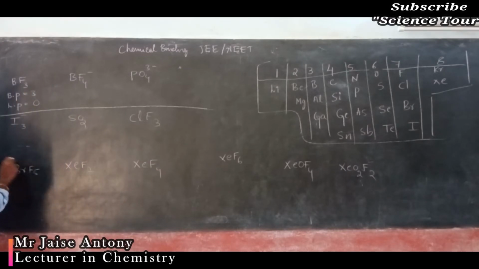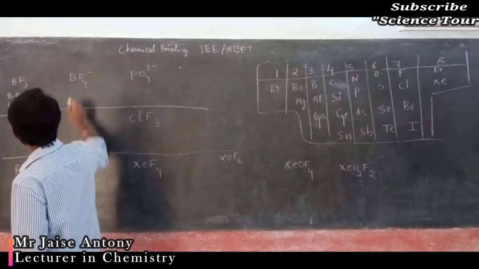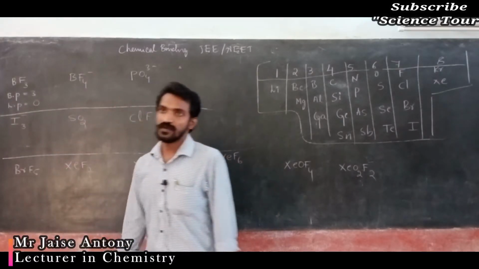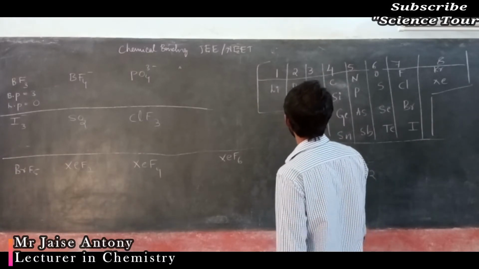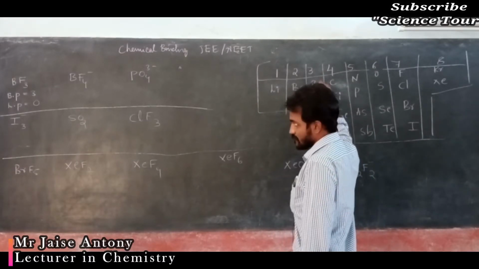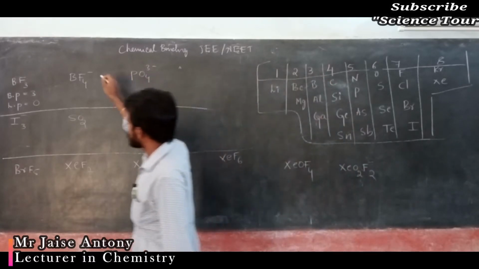BrF5. Okay, my dear students, next is BF4 minus. Boron tetrafluoride, minus. Boron has 3 electrons, correct? No. Here a minus charge is there.